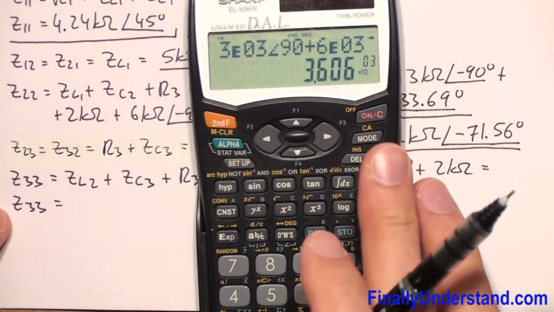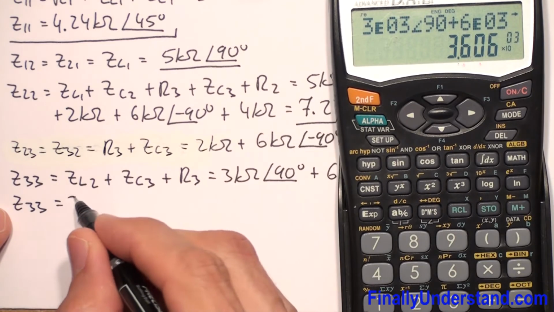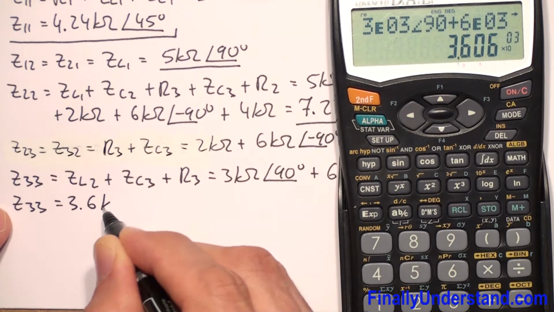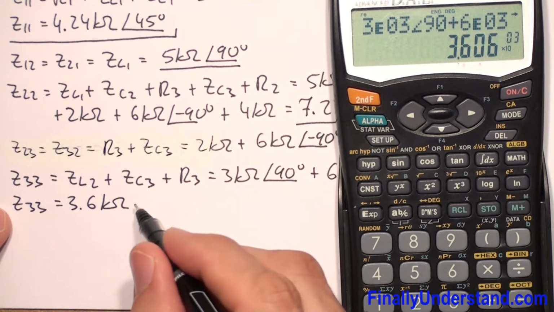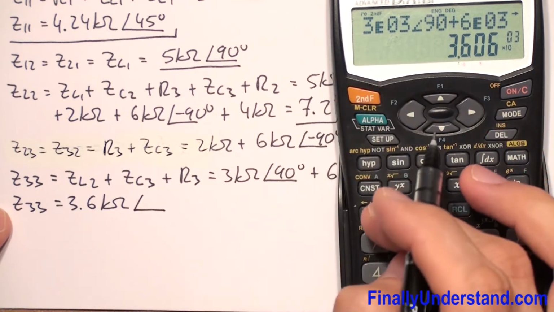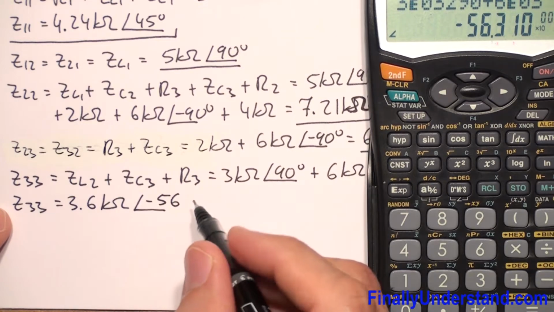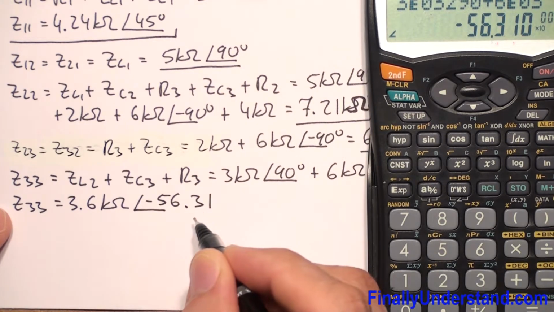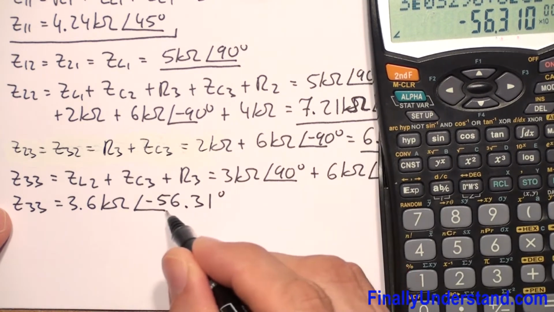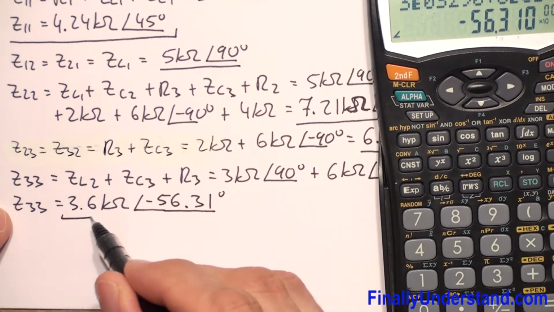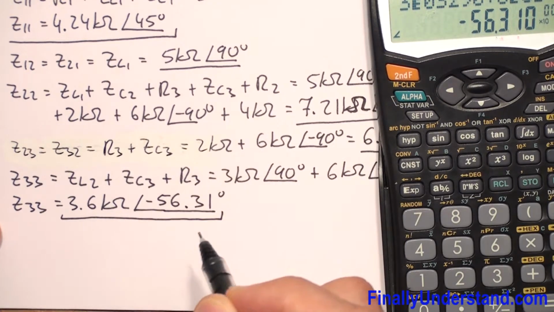This is equal to 3.6 kilo ohms and angle of negative 56.31 degrees. Okay, so this is my Z33.